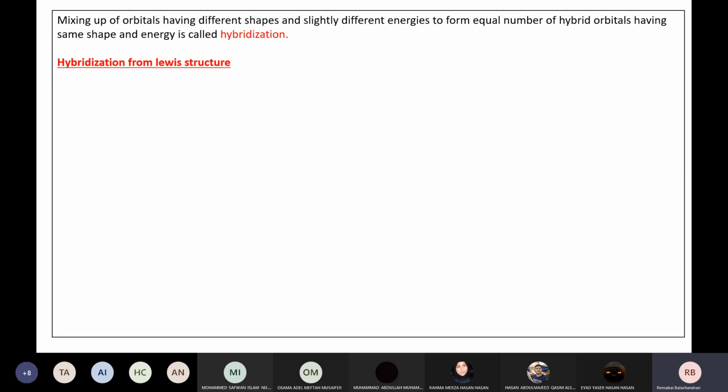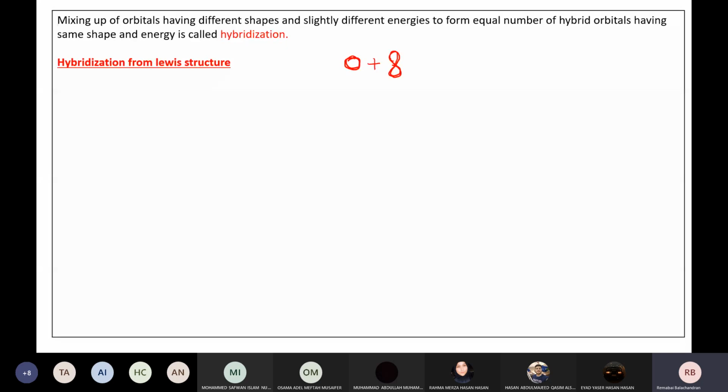Suppose we have one s orbital, and you know the shape of an s orbital, and another, a p orbital. We mix them. Hybridization means mixing of orbitals having different shapes and slightly different energies.